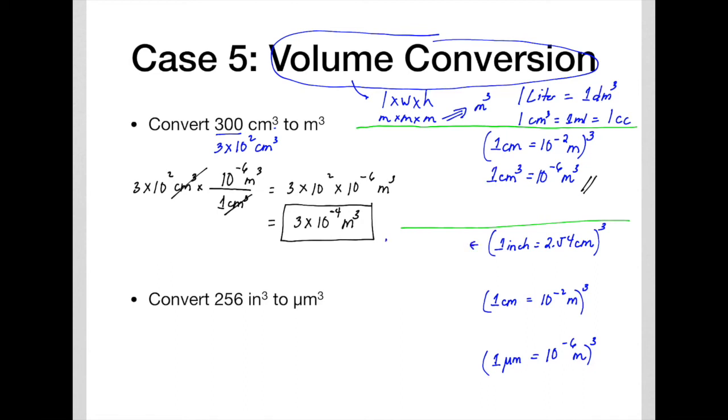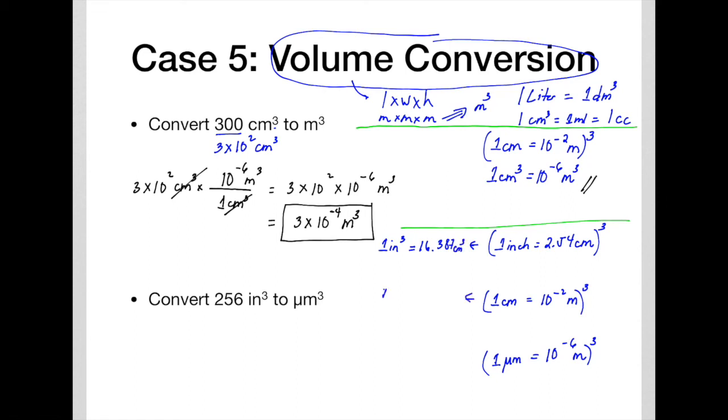So that is 1 inch cube, and we have 2.54 times 2.54 times 2.54. Let me press that in the calculator. That is around 16.387 centimeter cube.